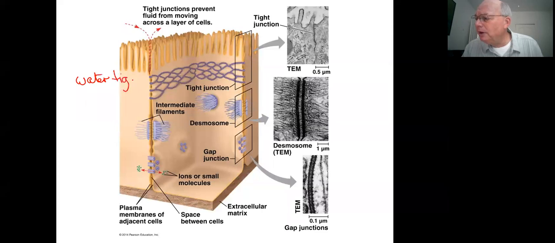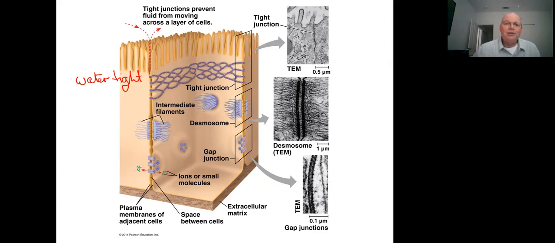And a really good example of these watertight tight junctions are the junctions between skin cells, because we don't want to lose water randomly from our skin. We want it to be a watertight covering so we can regulate how much water is lost.